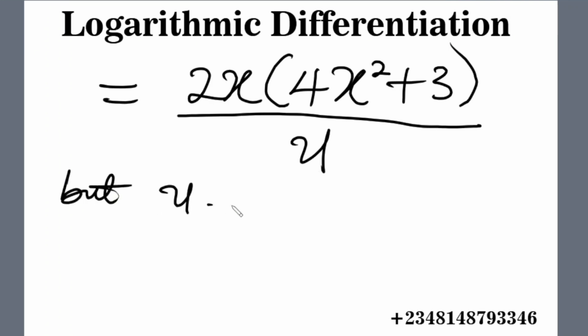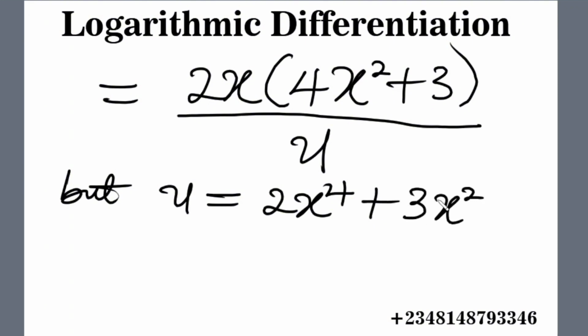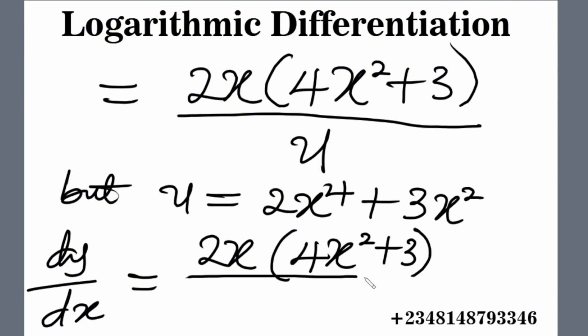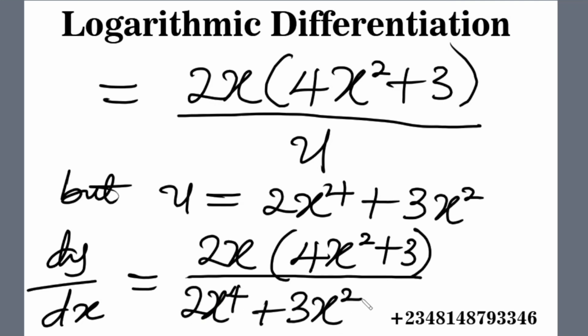But u equals 2x raised to the power 4 plus 3x raised to the power 2. Now let's substitute the value of u into this. We have dy all over dx equals 2x open bracket 4x raised to the power 2 plus 3 close bracket all over 2x raised to the power 4 plus 3x raised to the power 2.